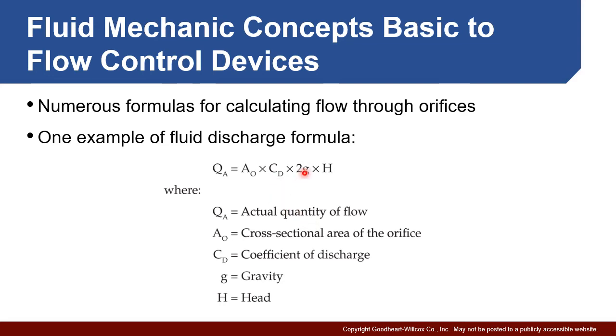We have a coefficient of discharge, C sub D. This has to do with the viscosity of the fluid. Right? Different viscosities are going to have different coefficients of discharge. And then we have our pressure difference. Pressure difference is measured in pressure head and then modified to the proper units using gravity. So this is just one example. Different valve manufacturers have slightly different versions of this.